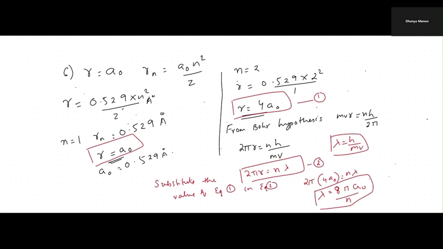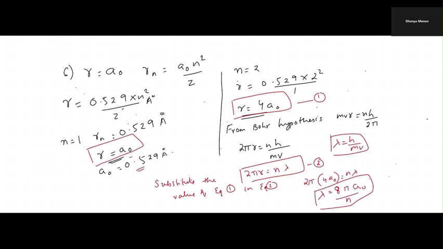So students, what we did, we wrote the expression for the radius. In the question itself, they said that this value is given to you as a0, so we take it as a0 itself. We don't use 0.529 because a0 is already given to you.